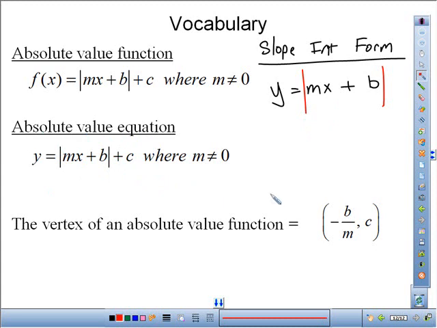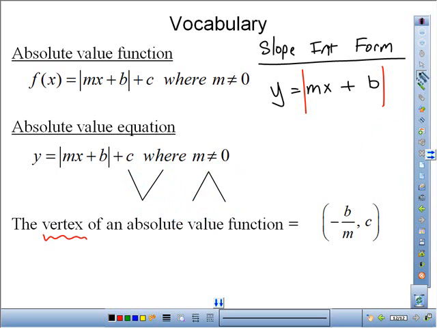Now, the first thing when you're graphing an absolute value function or equation, the most important thing to find is the vertex. An absolute value equation looks like a V. It will either look like a V like this or an upside down V. I'll explain what determines which in a moment.